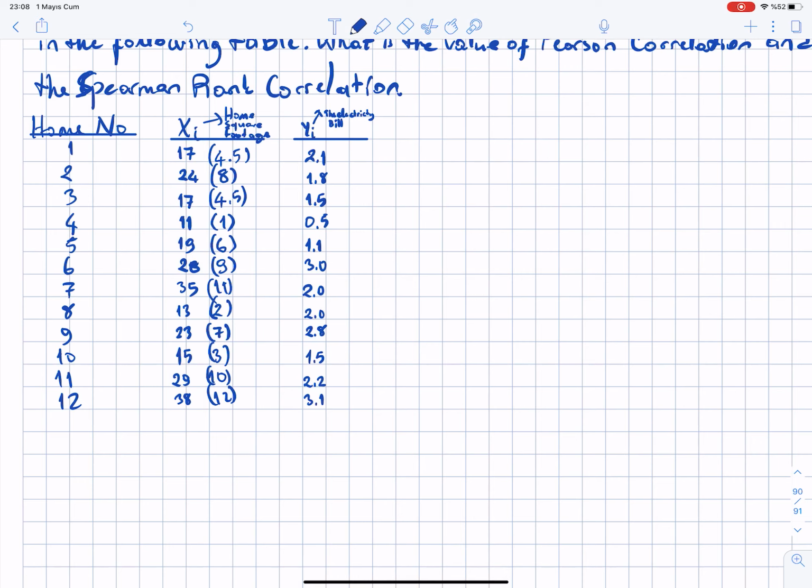So if I place the ranking for average electricity rank, simply, I did it myself: 5, 3.5, 1, 2, 11, 6.5, 10, 3.5, 9 and 12.